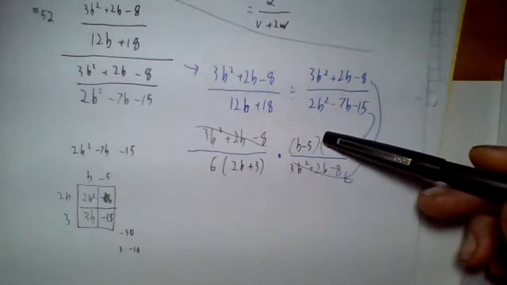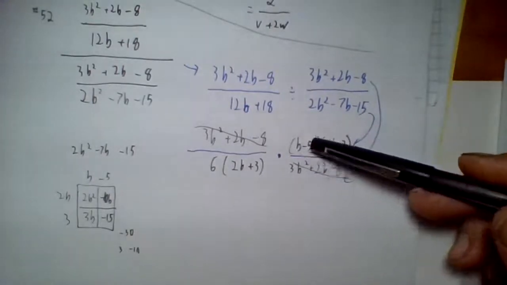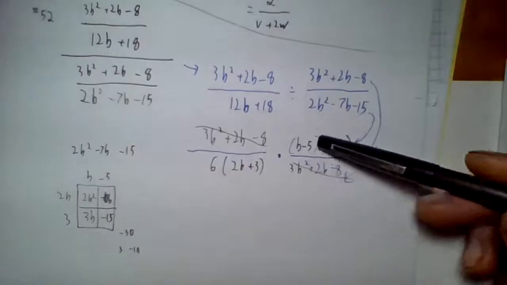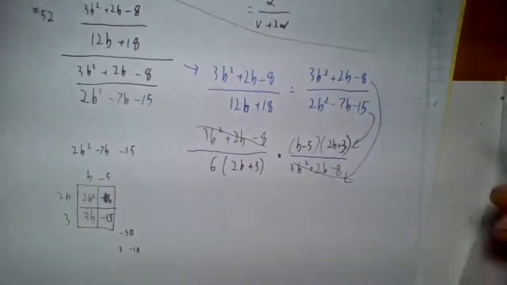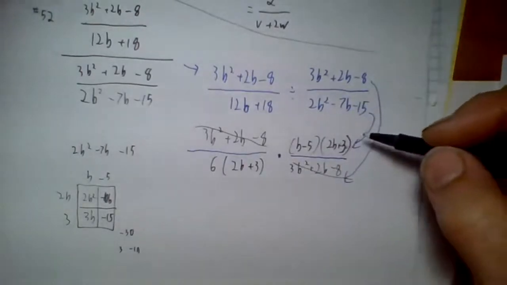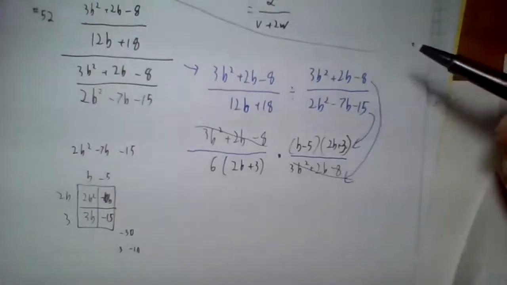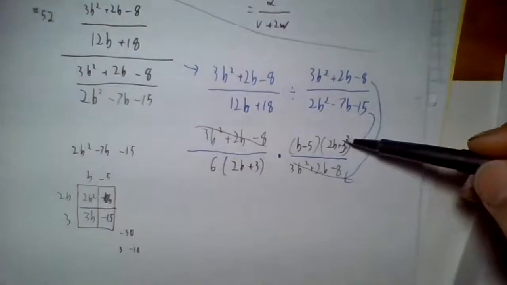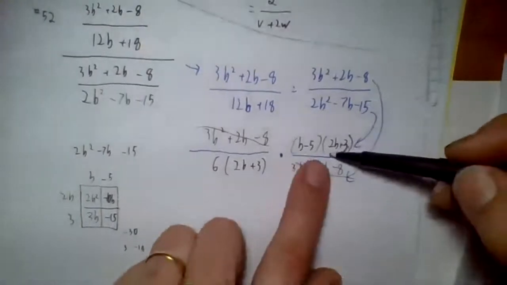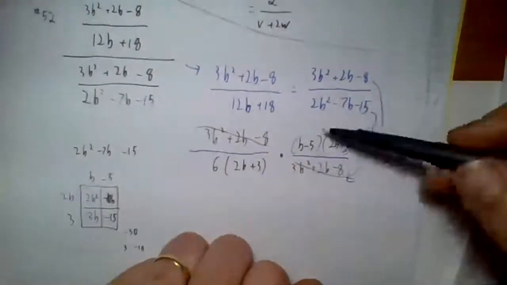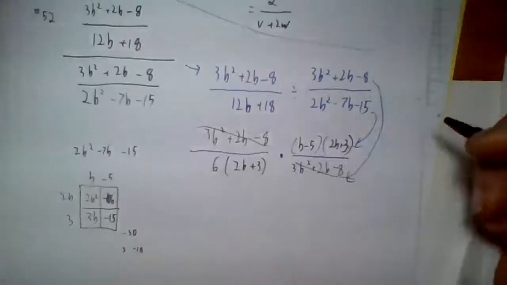So you might have guessed 2b plus 3 would show up, and you can think about what the other terms have to be. Those work out right, so you might have found those by trial and error also. You should get these two factors. You should stop and think, wait a minute, that's 2b squared plus 3b minus 10b, which combines right, and a minus 15. That all checks out good.